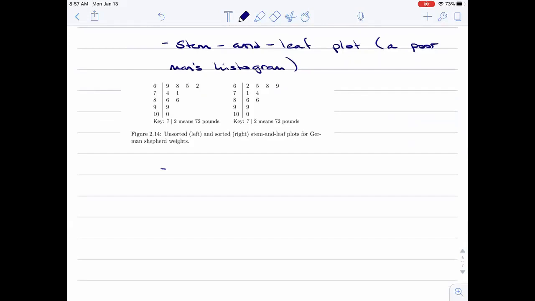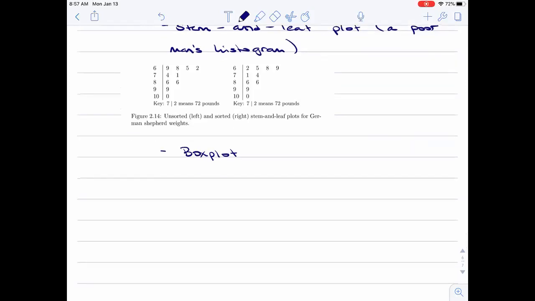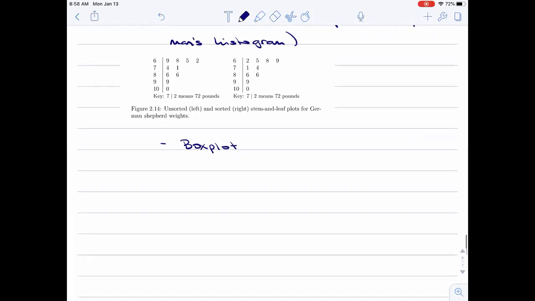And then finally, we can look at a box plot. Of all the things that I might make you draw by hand, this is one of them. A box plot, we'll look into more detail, but it's just going to be a graphical representation of the 5-number summary, which we haven't talked about.